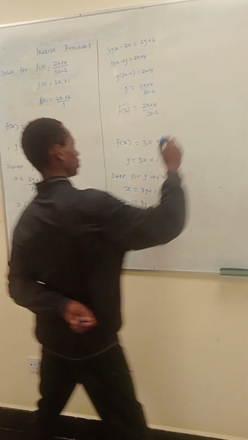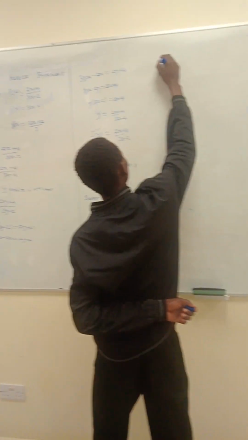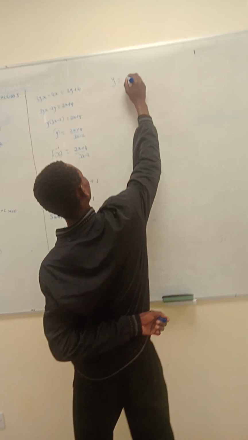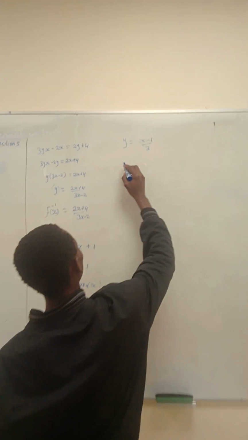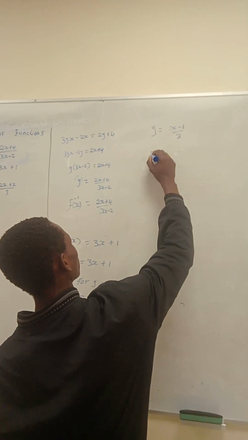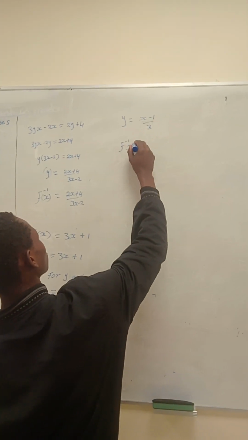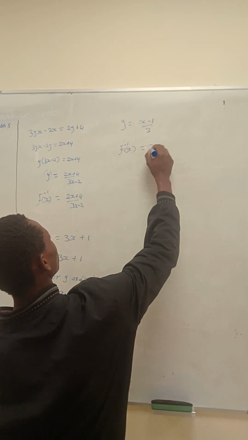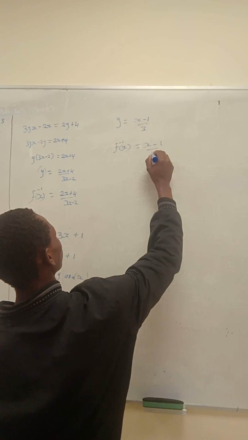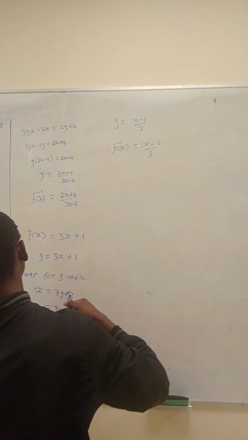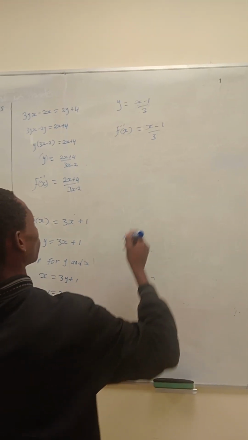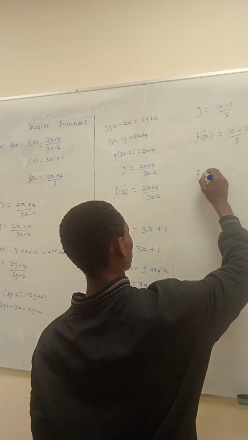So y is equal to x minus 1 over 3, which is the inverse function. So the inverse of f of x will be x minus 1 all over 3.